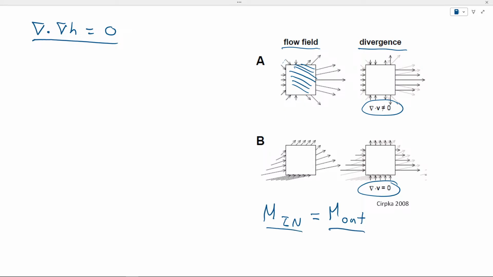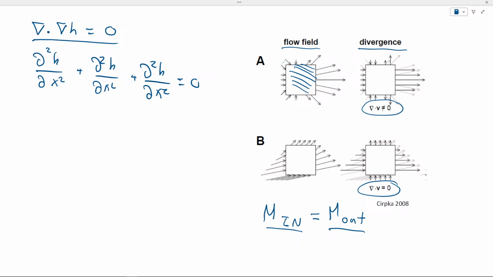We will do a lot of practice when we get to conservation of mass. This means that ∂²h/∂x² plus ∂²h/∂y² plus ∂²h/∂z² is equal to zero, because my divergence is equal to zero.